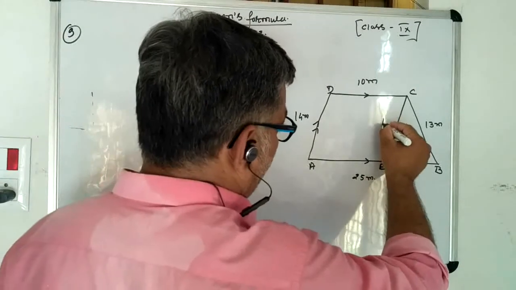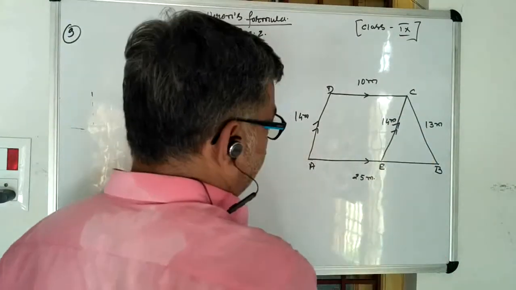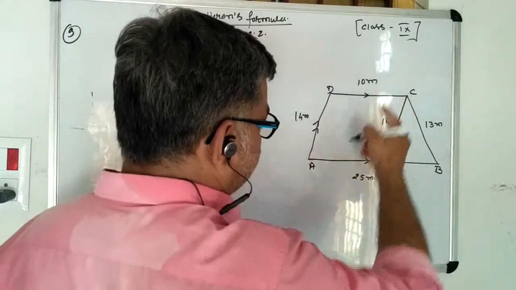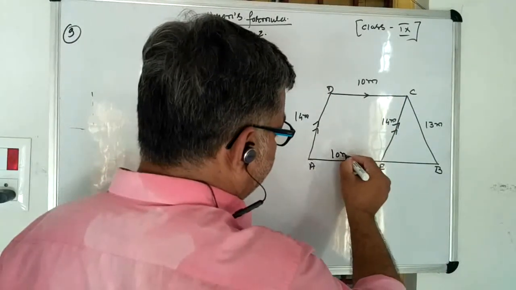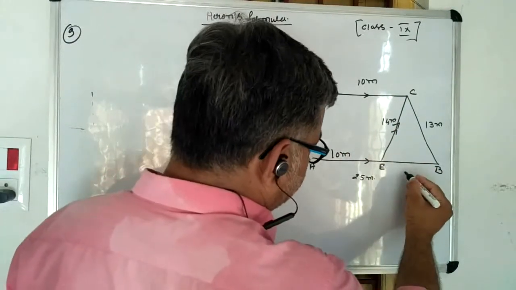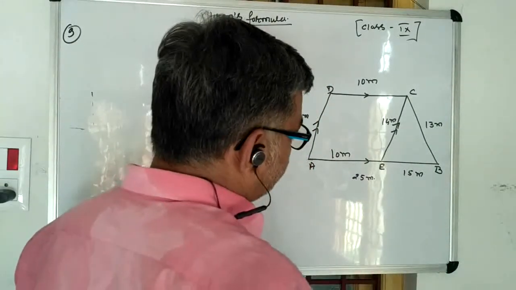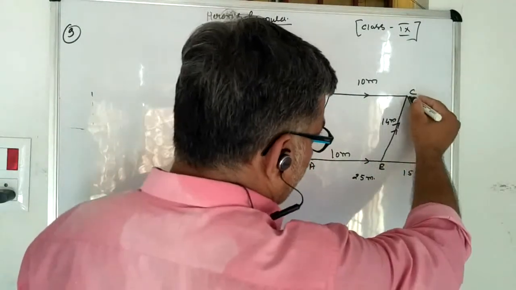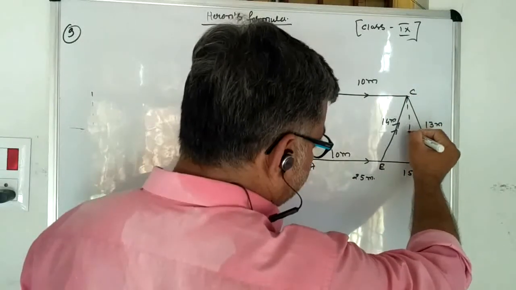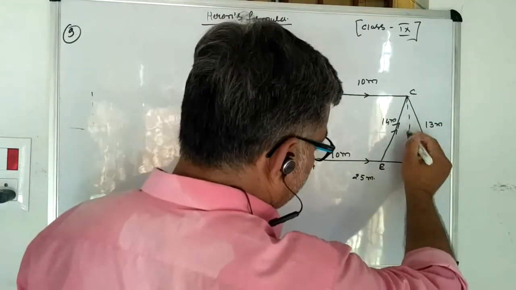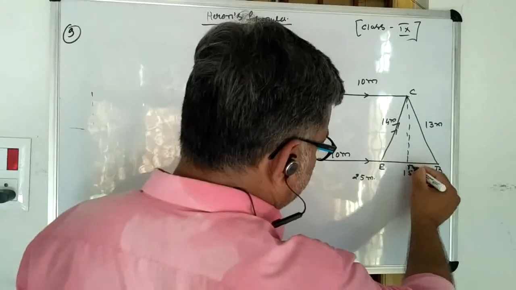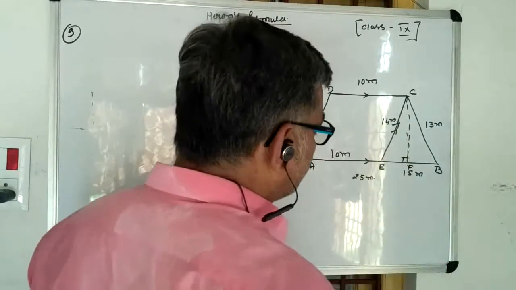Opposite sides of a parallelogram are equal, so it will be 14 meter. And this was 10, so this will also be 10 meter. It means the remaining distance will be 15 meter. And now you draw an altitude in this triangle. Suppose it is F, perpendicular.